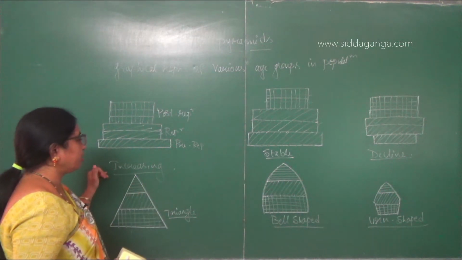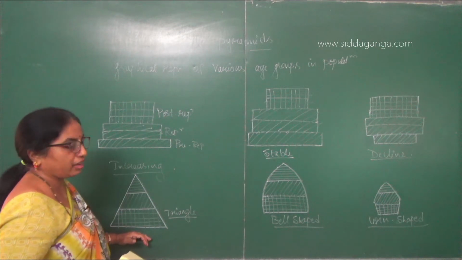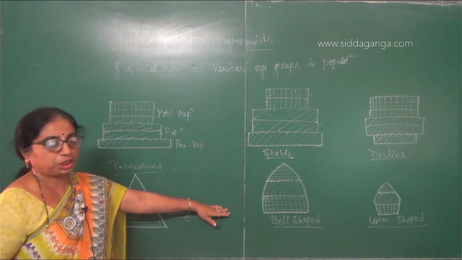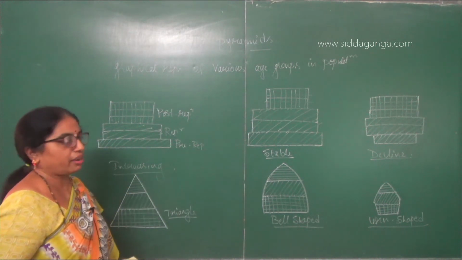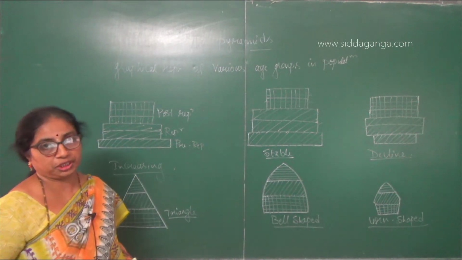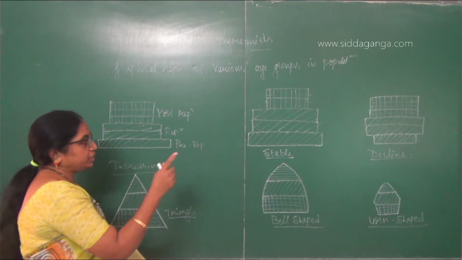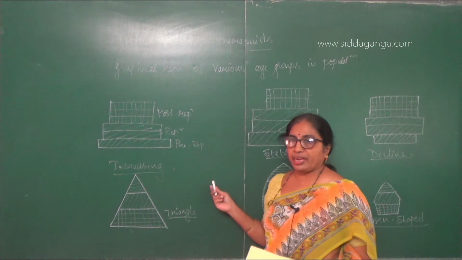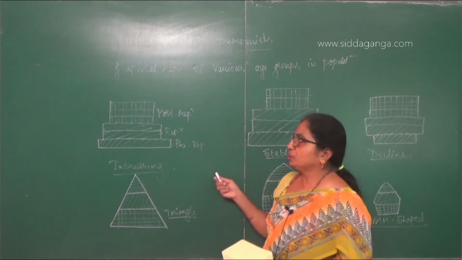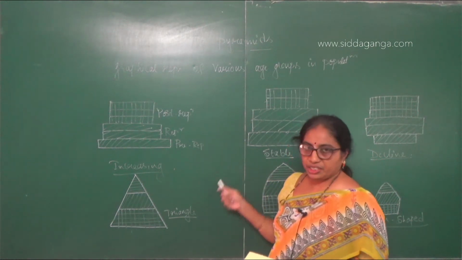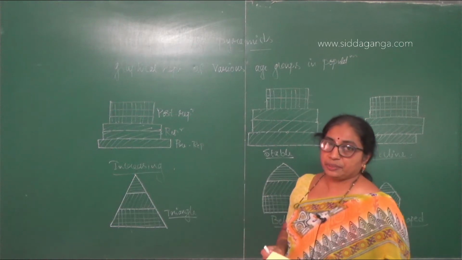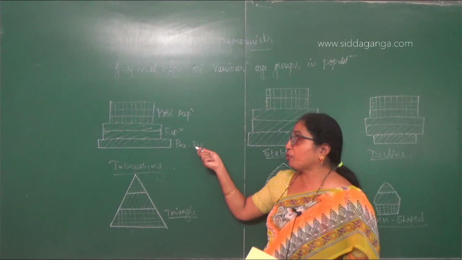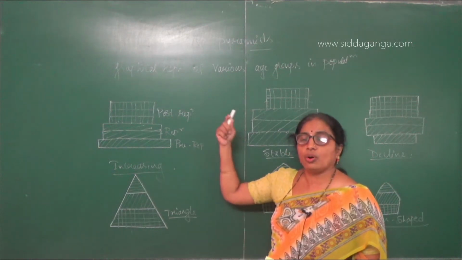One is the increasing age pyramid, which is of triangular shape. Another is the stable population, which is bell-shaped, and the other is the declining population, which is urn-shaped. Regarding all these shapes and aspects, questions will be asked in the NEET examination. So remember the diagrams, remember the graphical representation, and remember whether the pre-reproductive population is at the bottom or at the top.